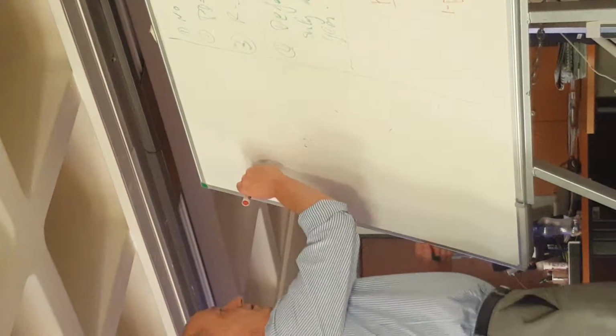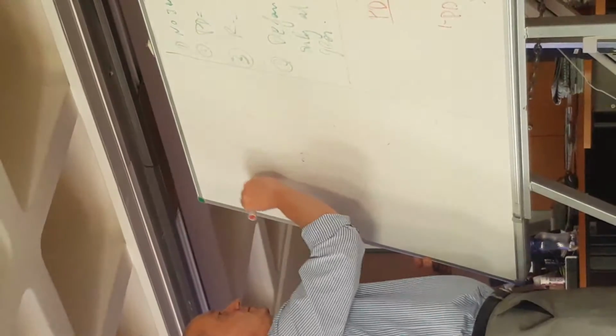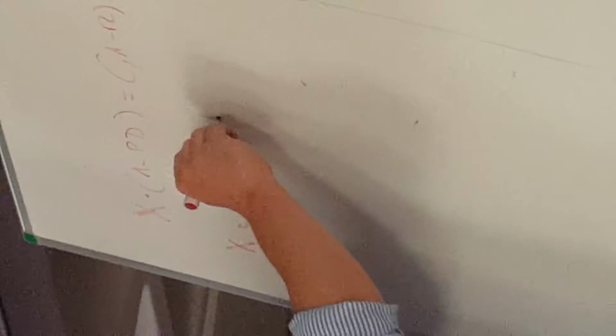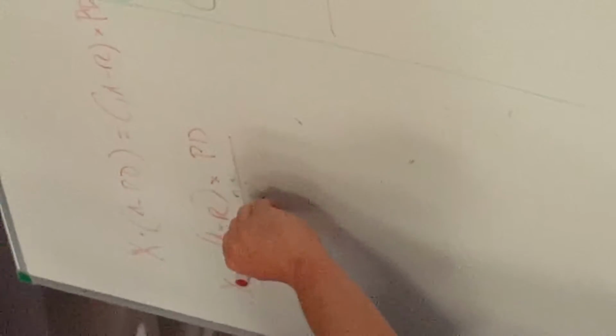Okay, that says X times (1 minus PD) equals (1 minus R) times PD. So X equals (1 minus R) times PD over (1 minus PD), correct?